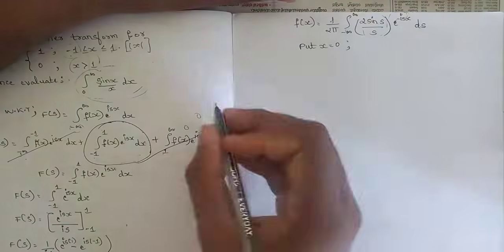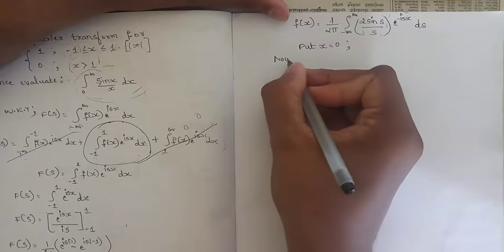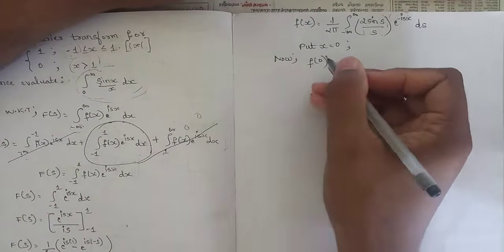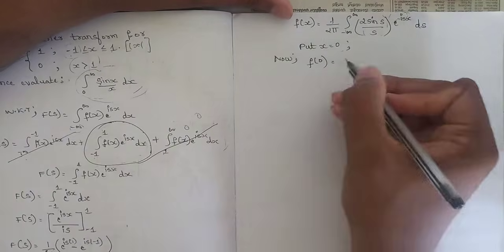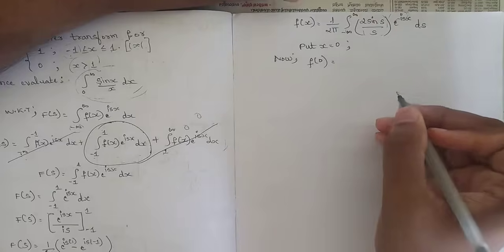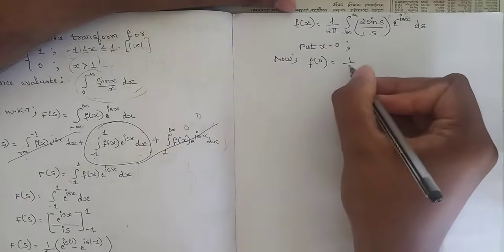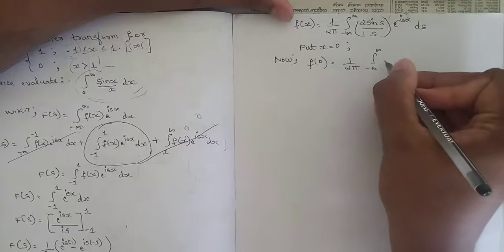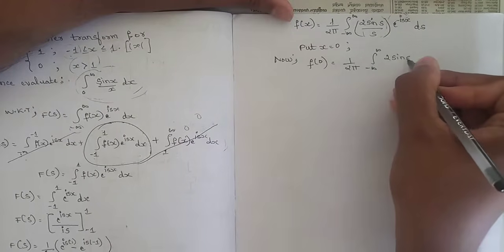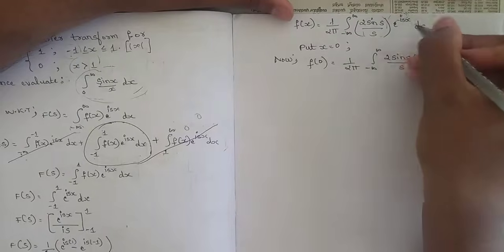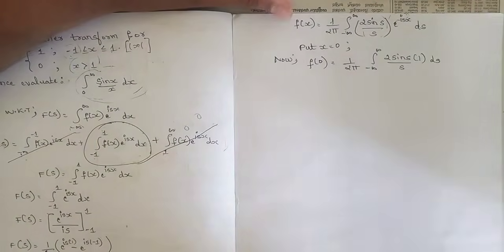Now x is 0, so f of 0 is equal to 1 by 2 pi integral from minus infinity to infinity 2 sin s by s into 1 into ds, since e power 0 is 1, right, so I have written it as 1.